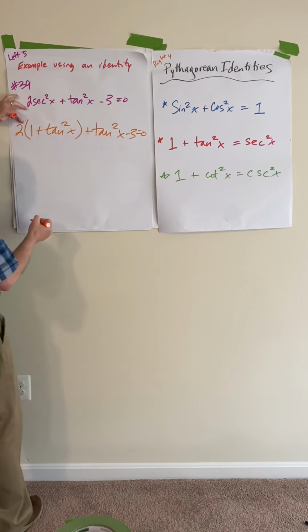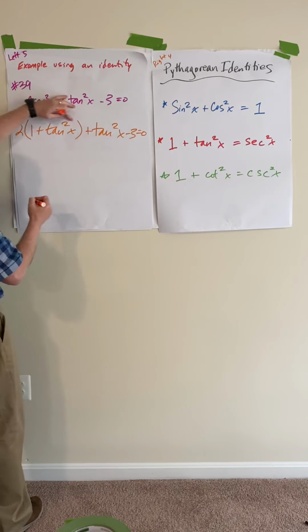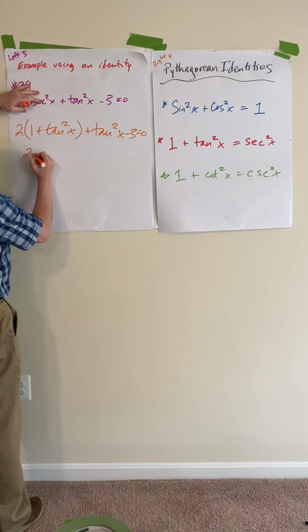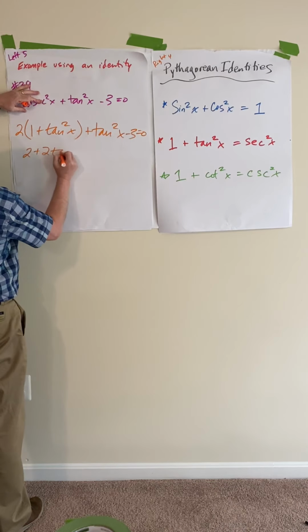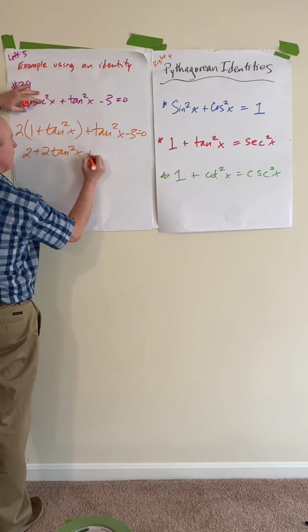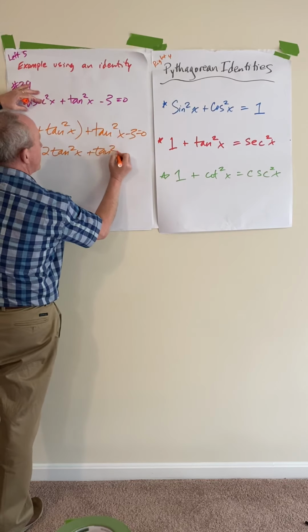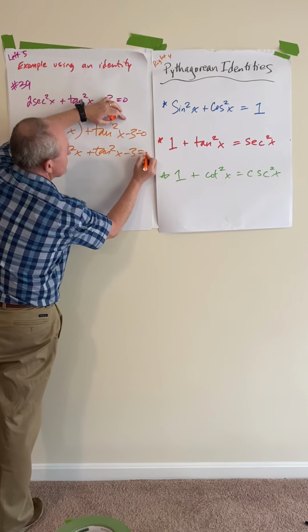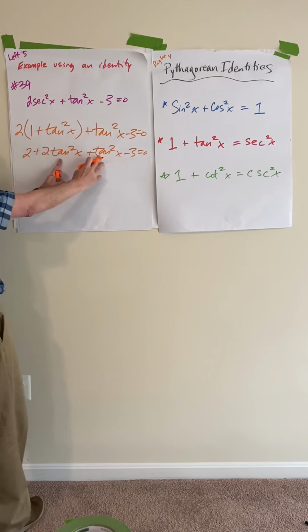So now let's distribute this 2. Watch this fancy math right here, everybody. It's 2 plus 2 tangent squared x plus tangent squared x minus 3 equals 0. Now I can combine my like terms here.